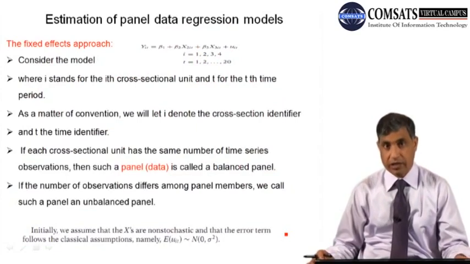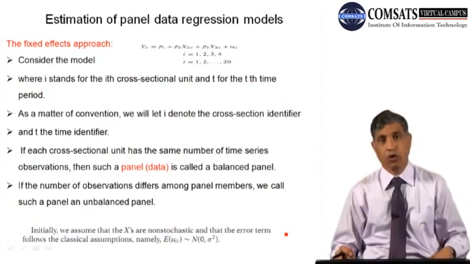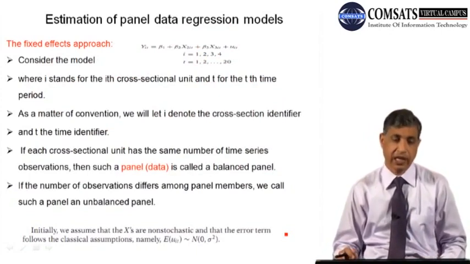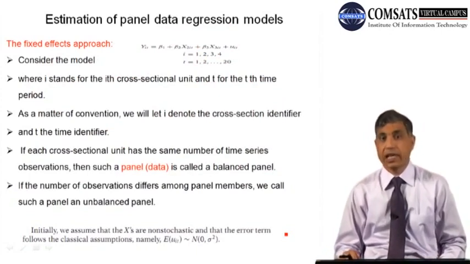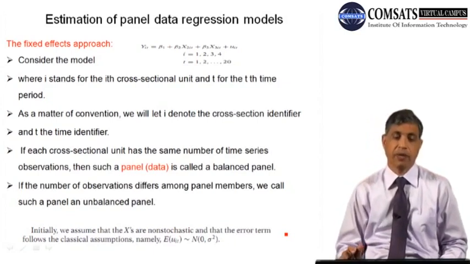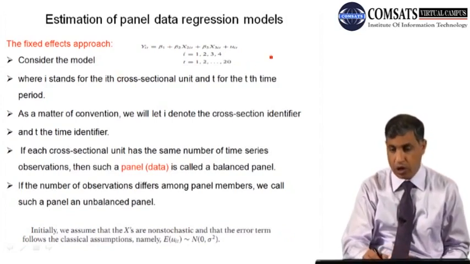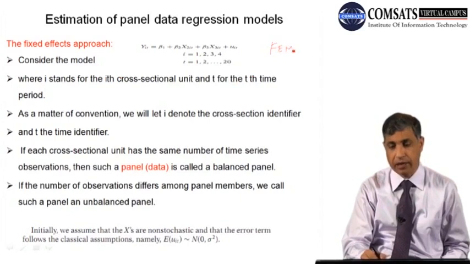Now, how do we estimate this panel data? Definitely you now know what panel data is. The first candidate, rather than OLS, is the fixed effect approach. From now on I will call it FEM, the fixed effect model.